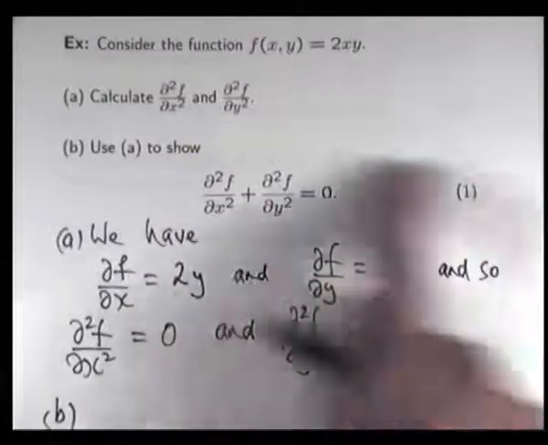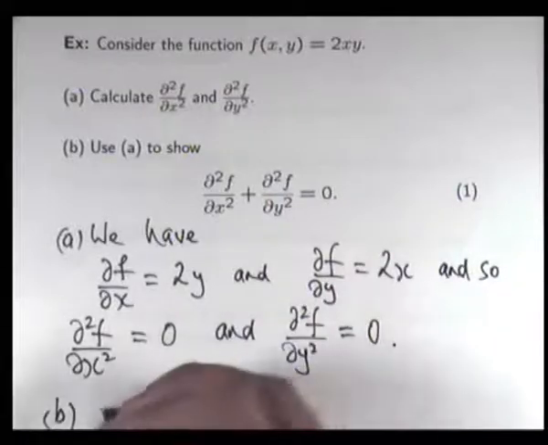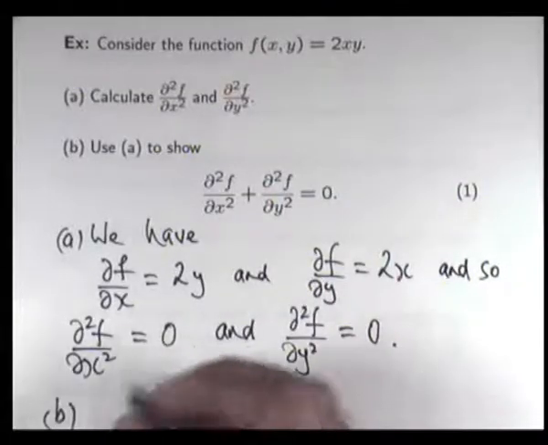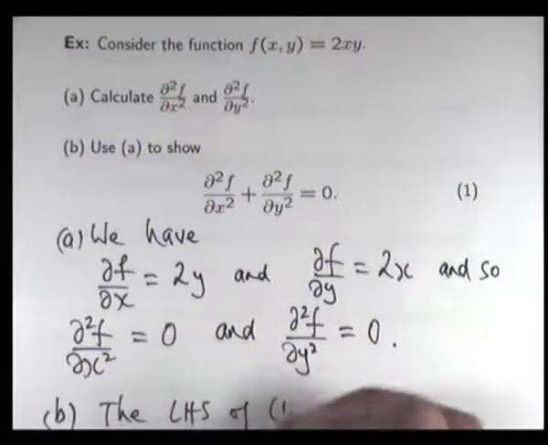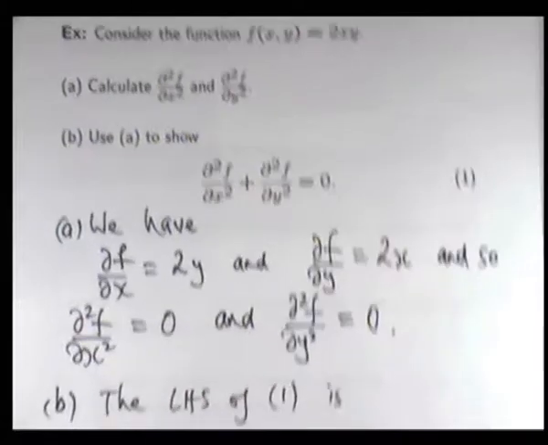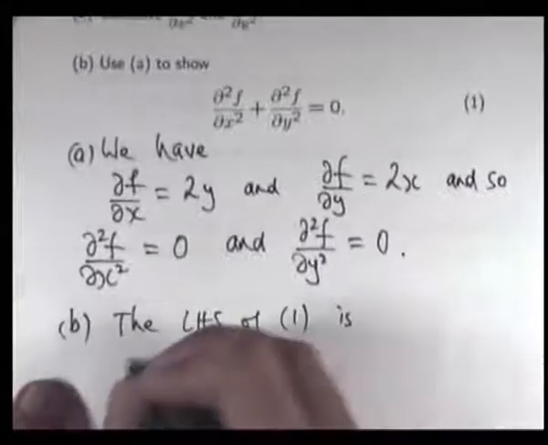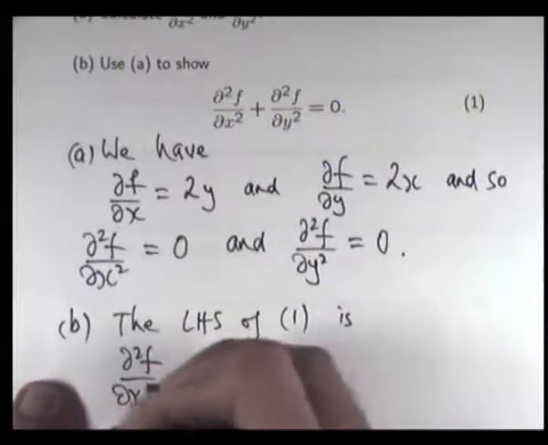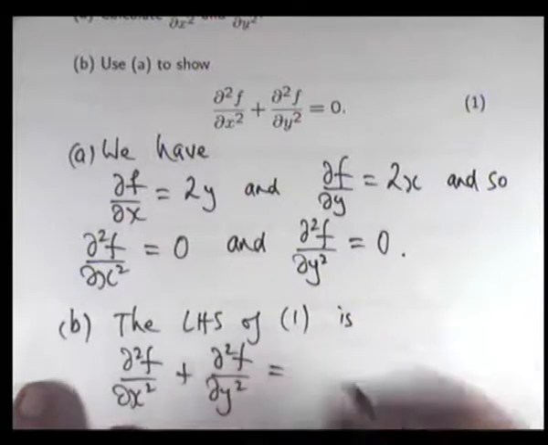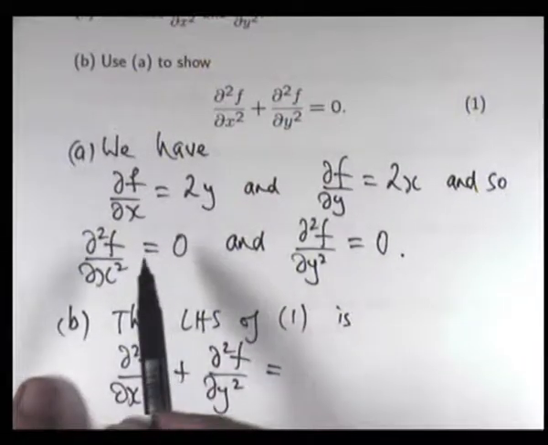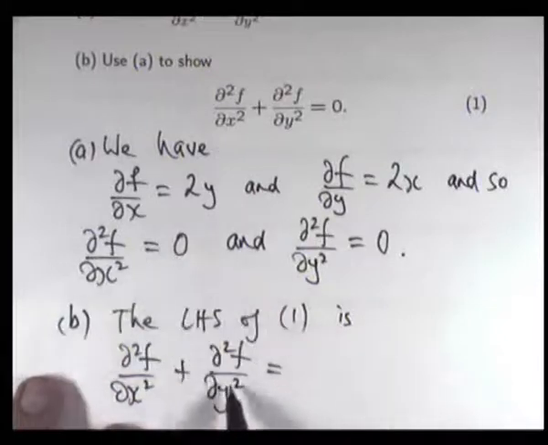All right, so let's show that this equation holds. So the left-hand side of 1, it's d squared f dx squared plus d squared f dy squared. And then from A, we know that this is 0 and this is 0.